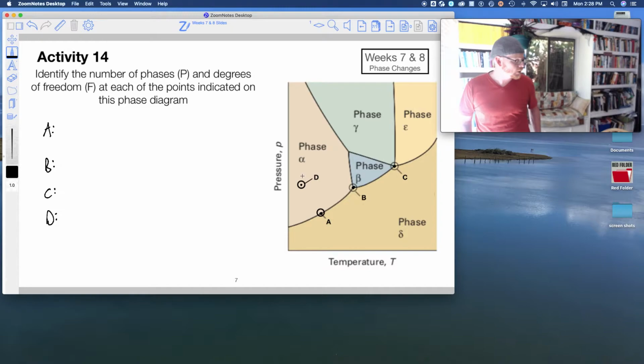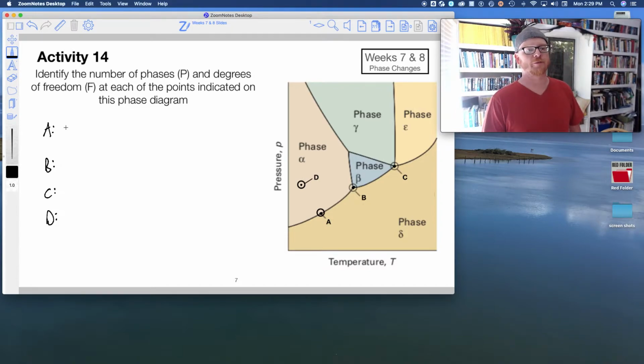First, let's identify the number of phases for each of these, P. Recall the equation is F equals C minus P plus 2. For everything here, C equals 1, so this is a one-component phase diagram. What about point A? It's on one of these phase boundaries, so there are 2 phases in equilibrium with each other: phase alpha and phase beta.